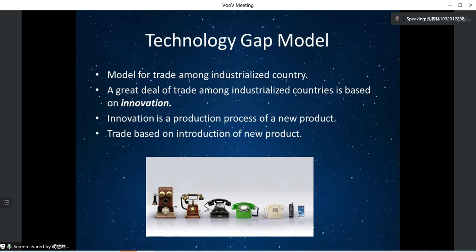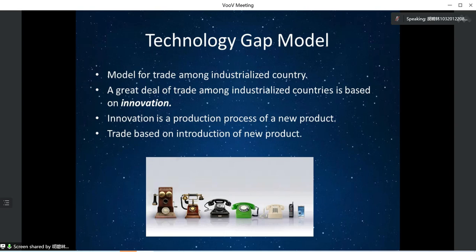The technology gap model is a model used among modern, industrialized countries such as America, Japan, and many European countries. The term industrialized is based on innovation, which means the more advanced the country is, the better its innovation is.